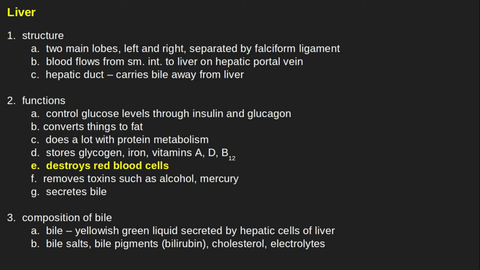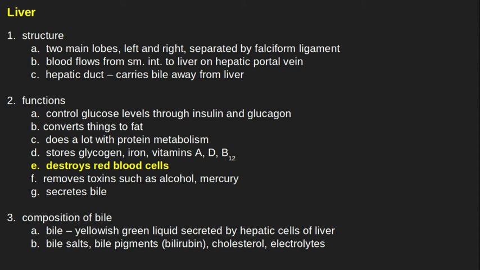And then as far as the liver, the structure, we have two main lobes, the left and the right. It's separated by a ligament. The blood flows from the small intestine to the liver on the hepatic portal vein. And you have the hepatic duct, which carries bile away from the liver.